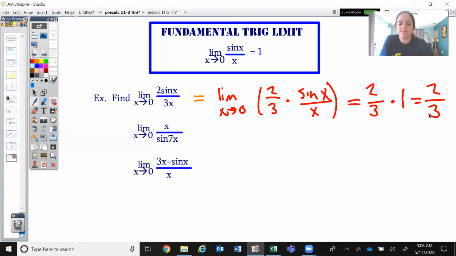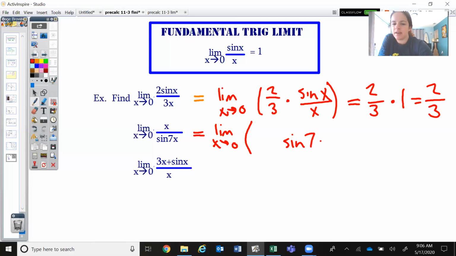For the second one, I can't exactly do that because the 7 is inside, not on the outside. And so also the sine quantity is on the bottom, not the top. But I can say that this would be the limit as x approaches 0 of, and I'm going to do a little bit of hocus pocus here.